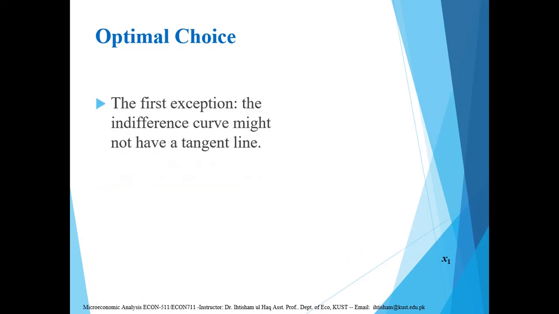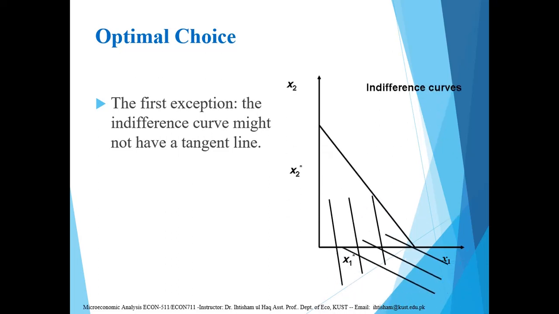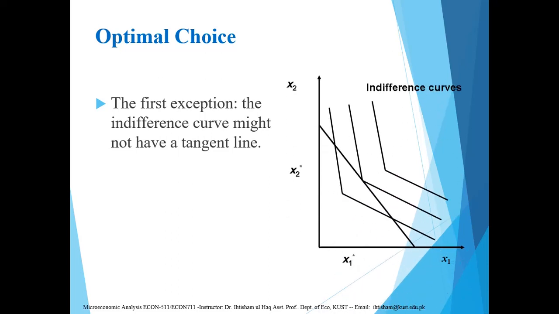However, there are some exception cases to the tangency point. The indifference curve might not have a tangent line. Now, if indifference curves are kinked, at the point of tangency there may be as many tangents as you can draw.